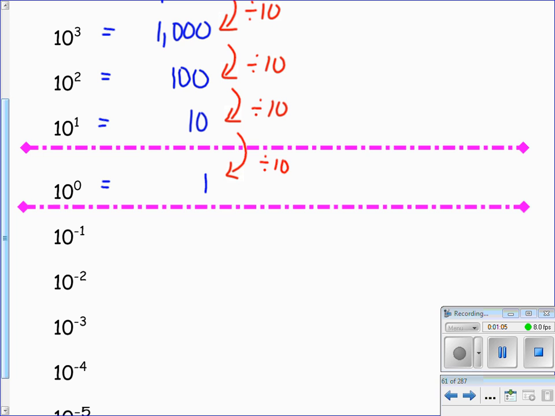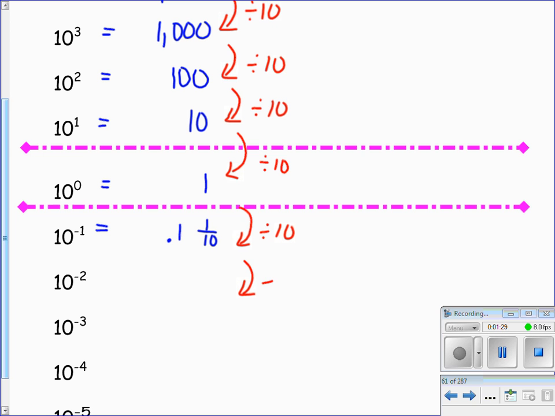Now what I showed you, when we come down to the negative exponents, if I applied the same pattern and I took my 1 divided by 10, I would end up with 0.1 or 1/10. Let's apply the same pattern again.